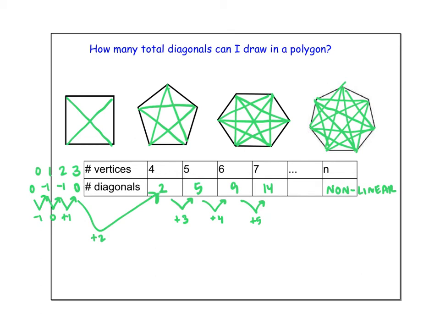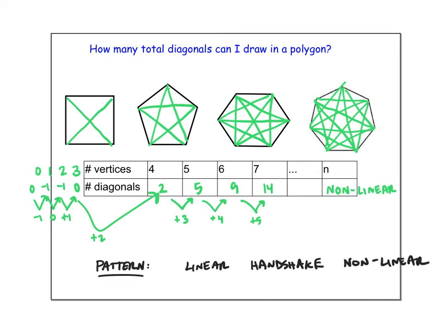So just so that we're all clear, our answers in this chapter are that a pattern is one of 3 things. It's either linear, handshake, or non-linear altogether.